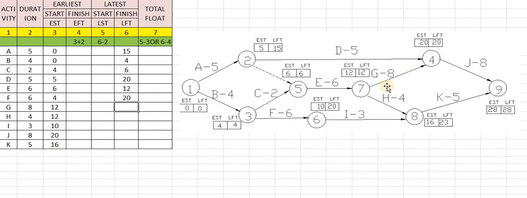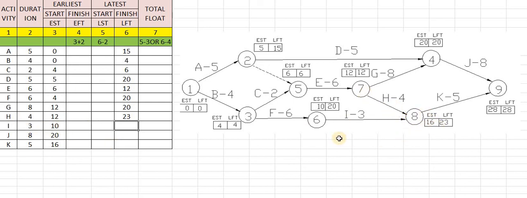G. What about G? G is having 7 to 4. 4 is the next number, therefore 20. Then I, 6 to 8. So 8 has an LFT of 23. H is 7 to 8.